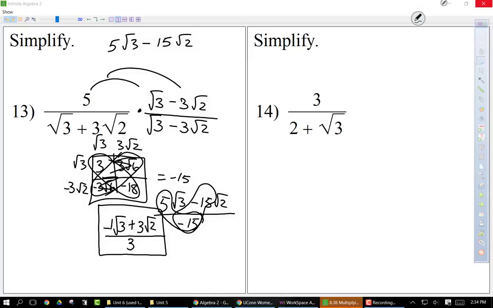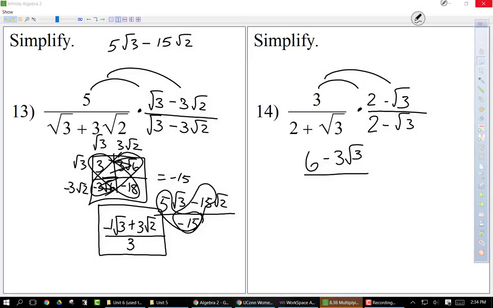Let's go to 14 here. The conjugate of 2 plus root 3, hopefully you know that, is 2 minus root 3. Distribute. 6 minus 3 root 3 over, and remember there was a shortcut that I said. You can multiply the two first numbers.